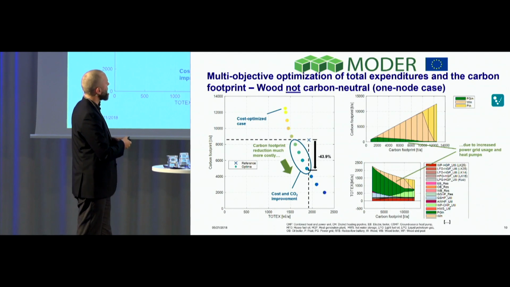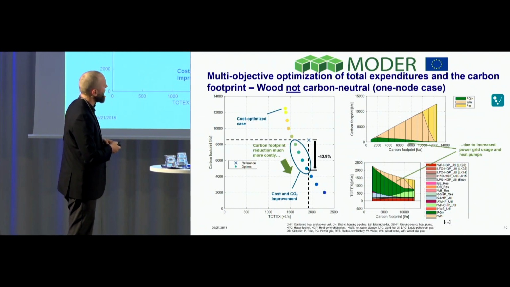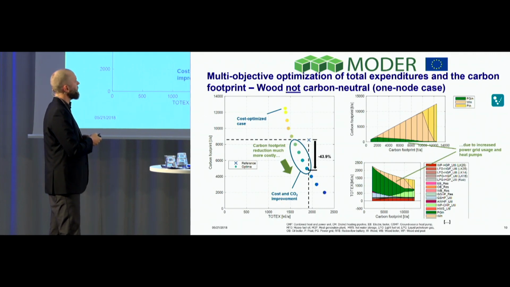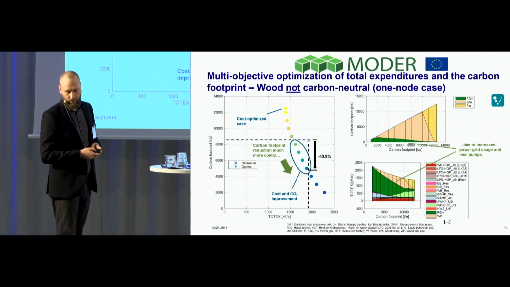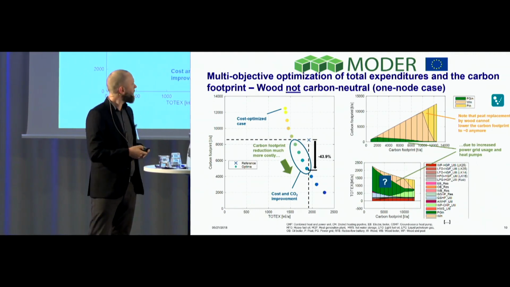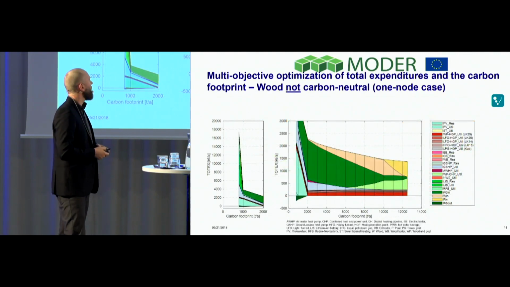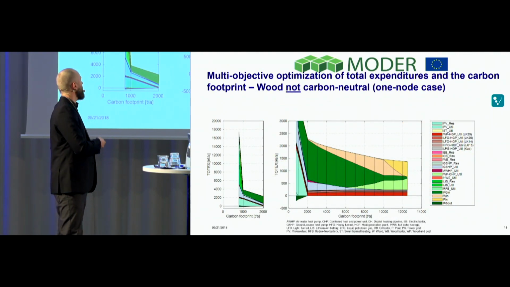What you can see here is that first you change the peat to the wood, and then you start to use more electricity actually. And we have a bigger slide here with this total.